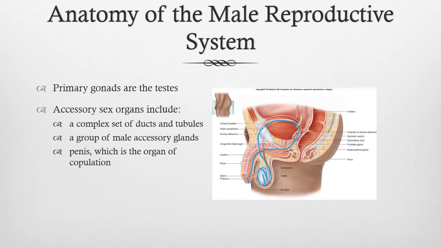In addition to that, the male is going to produce a fair amount of secretions in the form of glands that are going to help with the process of ejaculation itself. The seminal vesicles, the prostate gland, and the bulbourethral gland all add to the seminal fluid. For the male, you then have the copulatory organ, the penis, there for copulation.